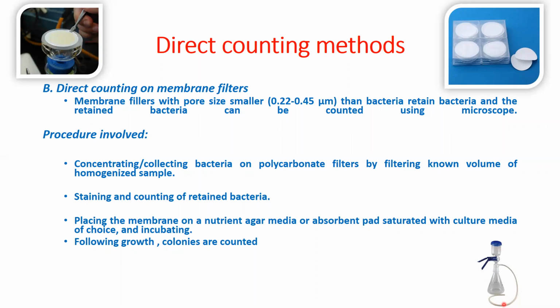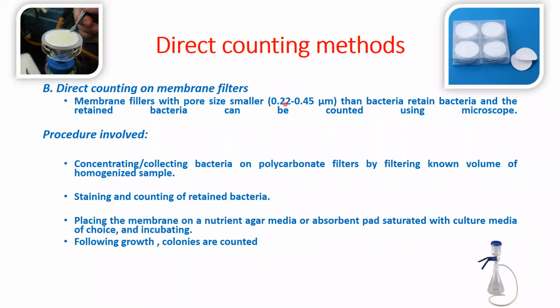So that vacuum machine will create a vacuum and suck all the liquid. Whatever sample is there, it will filter all of it through the filter paper. The filter paper has pores, and the pore size is 0.22 to 0.45 micrometer.